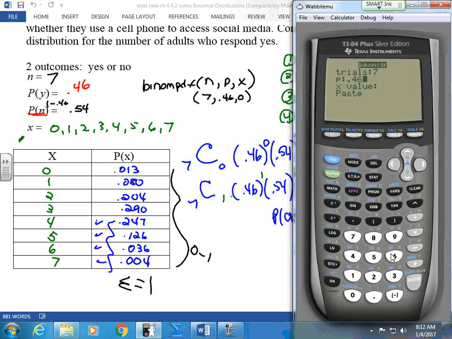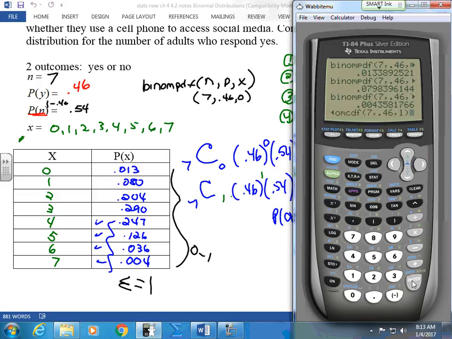If I want to do 0 and 1, so I want to say at most 1, the probability of getting at most 1 yes, I want the 0 and the 1. So I come down here and I just accumulate up to the 1. It does an at most. So when I do this, it's the same as if I added these 2 up. Accumulating means it does up to that one.